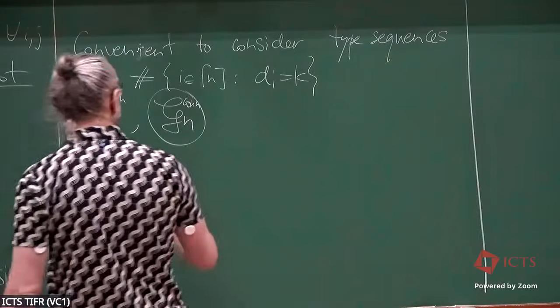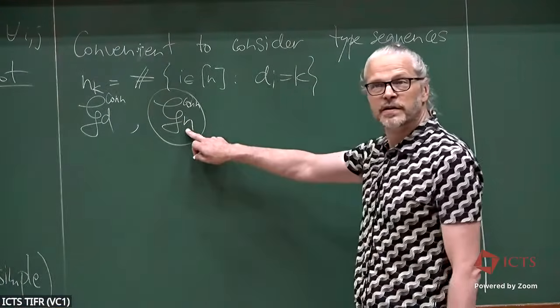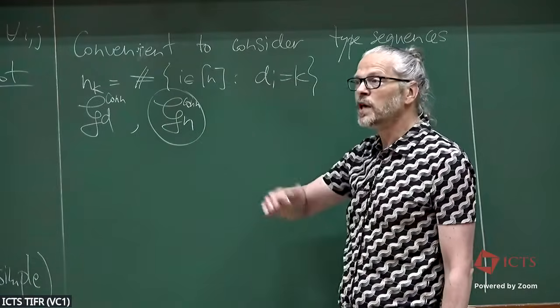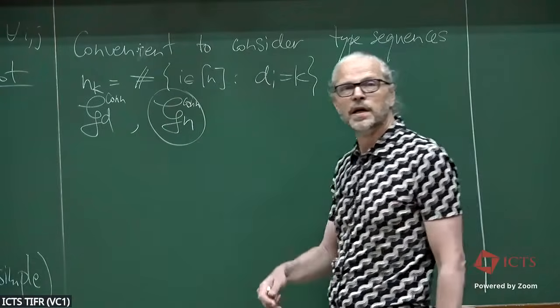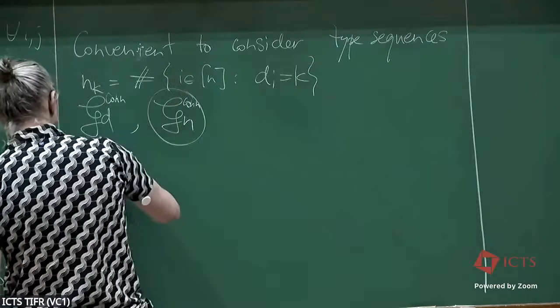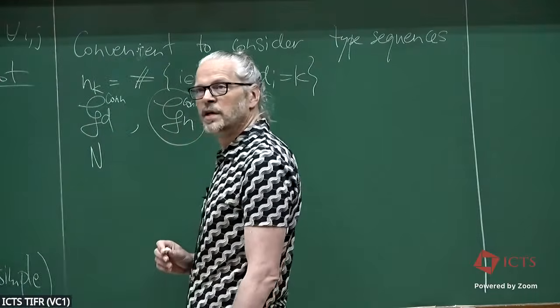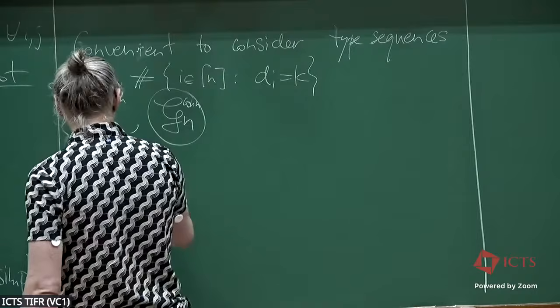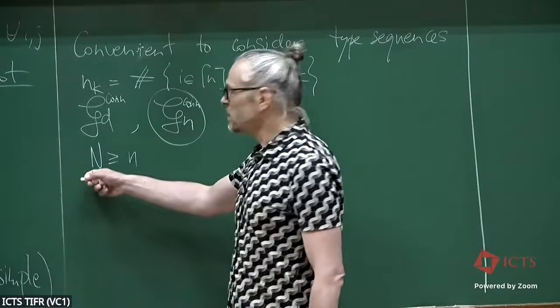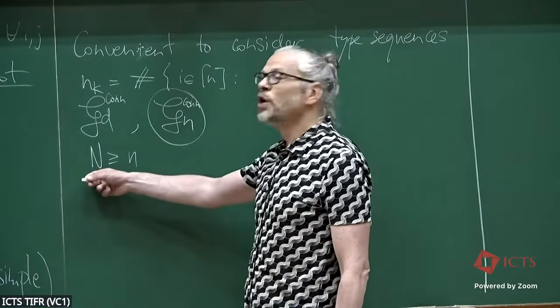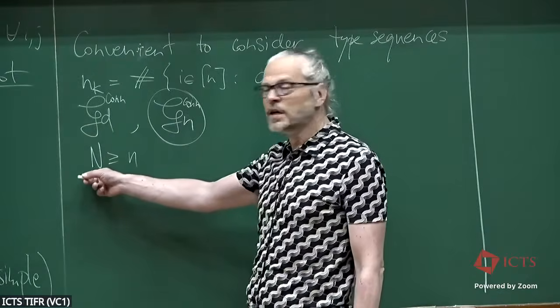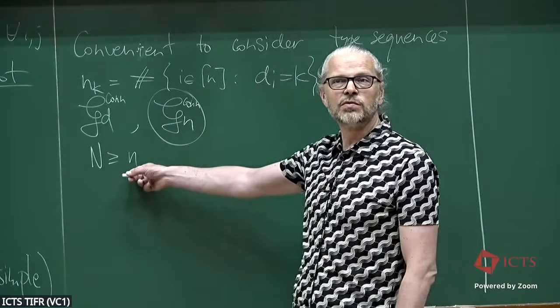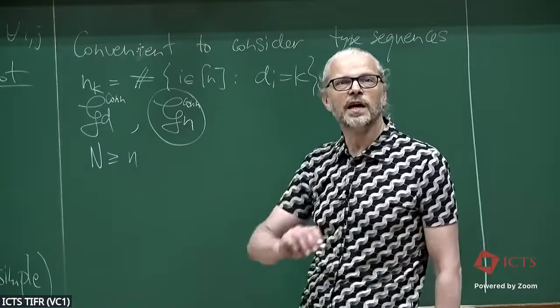Well, I now have my type sequence little n, containing all these elements n_1, n_2, n_3, etc. And now I'm going to be looking at a larger one, capital N, which is greater than or equal to little n, meaning that the number of vertices of degree k here is always larger than the number of vertices of degree k there, for every k.